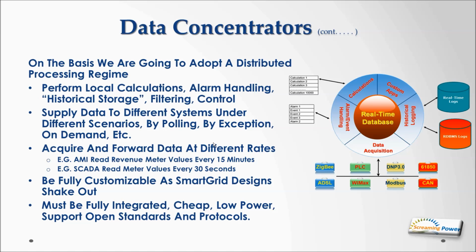We're talking a few $100s, no more. They should be low power, so they don't consume any real current from the network, and also don't generate a great deal of heat. And they should support open standards and protocols. And again, the point we're trying to make here is to use the power of distributed processing and only move the data to where it's needed when it's needed.